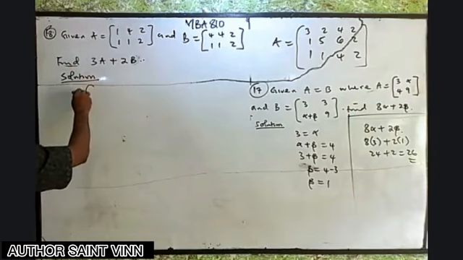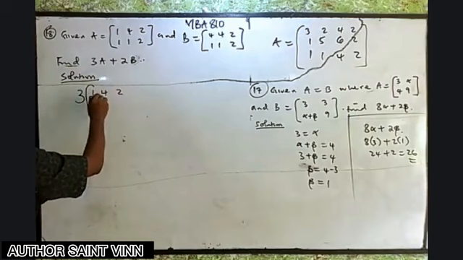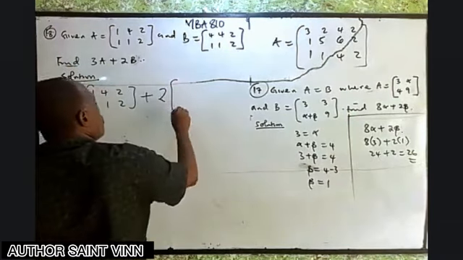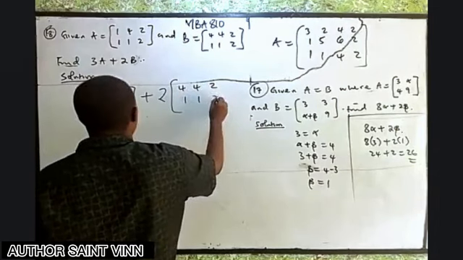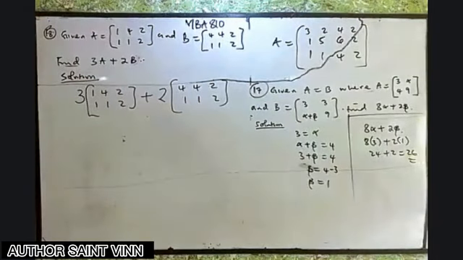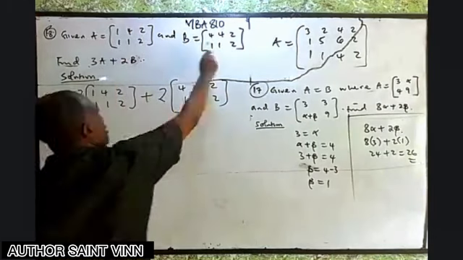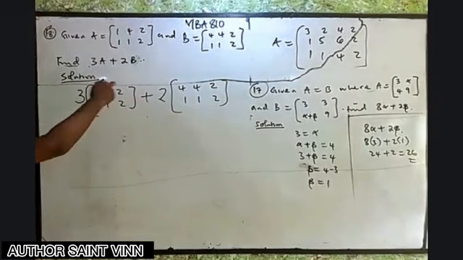So in simple language, we go this way. This 3 times 1, 4, 2, 1, 1, 2, plus 2 times 4, 4, 2, 1, 1, 2. Is it clear? That was the name I find: 3 times A, and 2 times B. We are multiplying, so we are going to use this 3 to multiply every element inside.